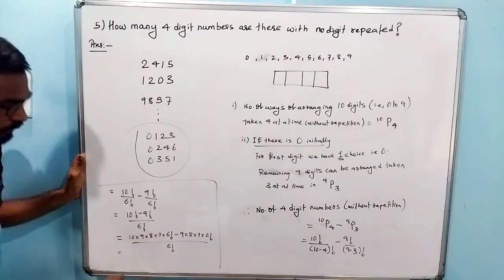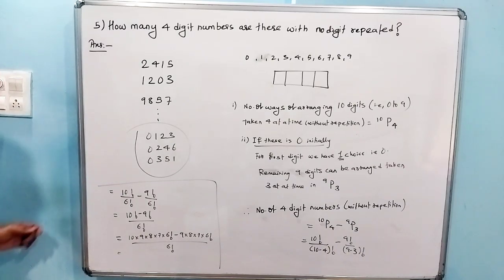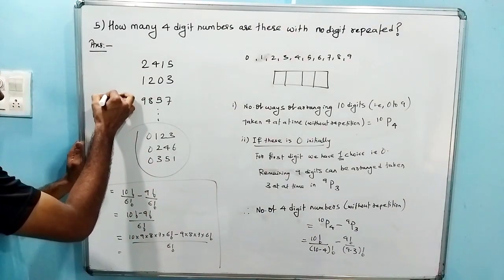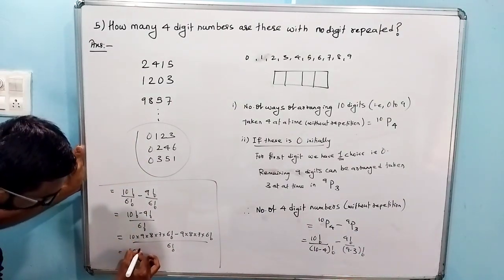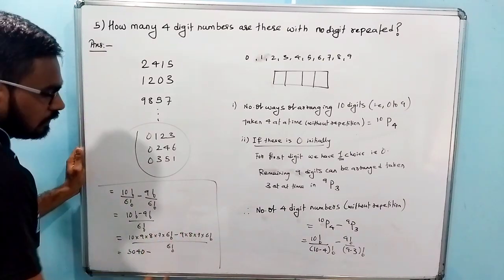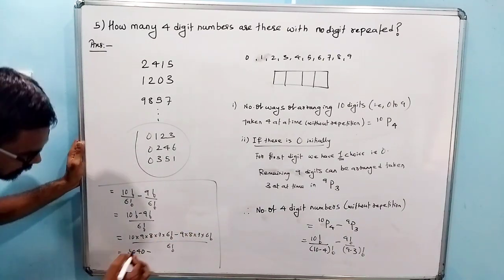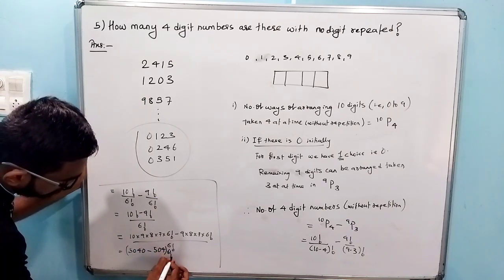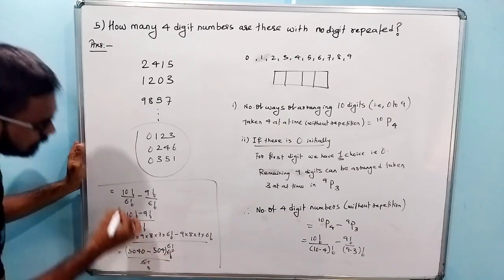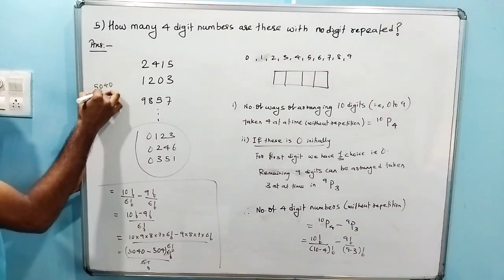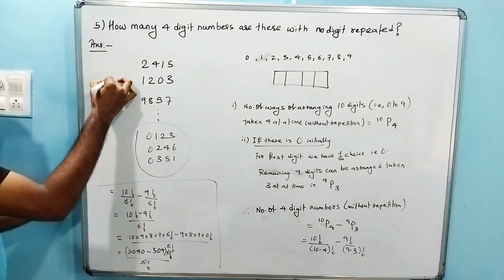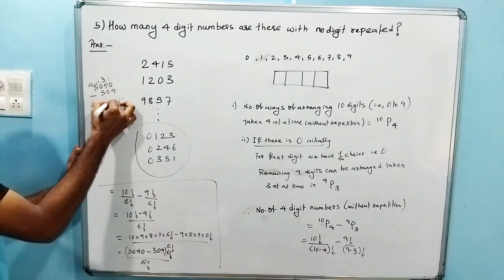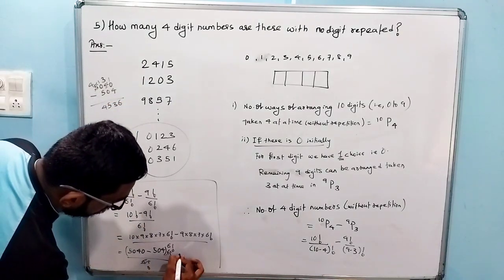So this will be 10 into 9 into 8 into 7: 72 into 7 is 504, into 10 is 5040, minus 72 into 7, which is 504. So 5040 minus 504. What will we get? 4536. So 4536 ways.